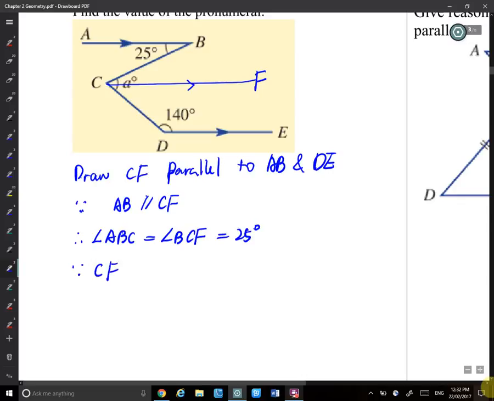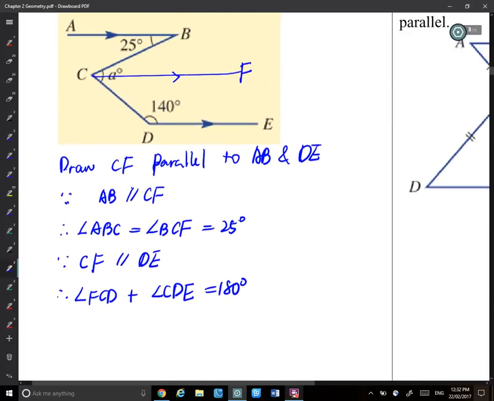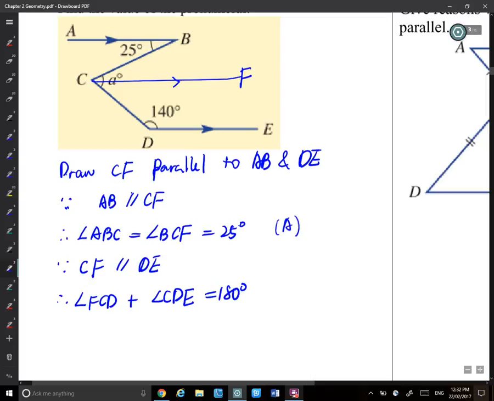Because CF is parallel to DE, angle FCD plus angle CDE equals 180 degrees. Those are the alternate angles and the cointerior angles.